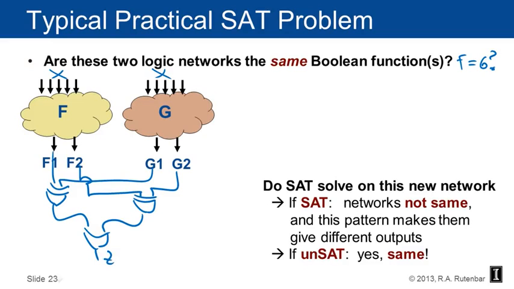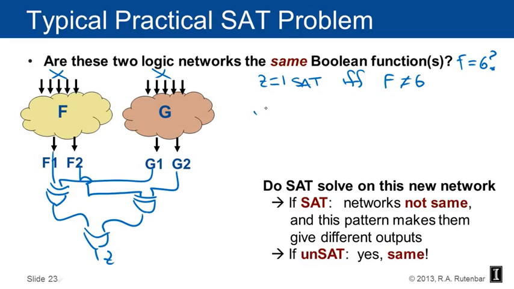And what's going to be true? Well, what's going to be true is that Z is going to be 1. It's going to be satisfiable, right? We shall be able to find a pattern of X's that makes Z a 1 if and only if F is not equal to G, right? That makes sense, right?